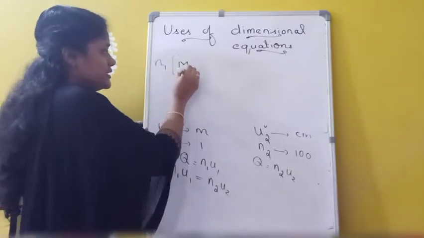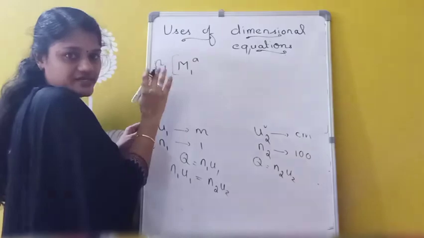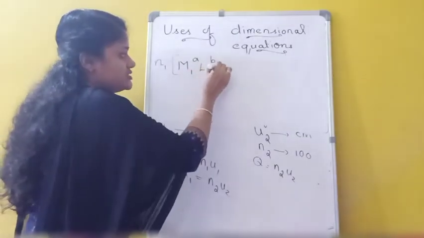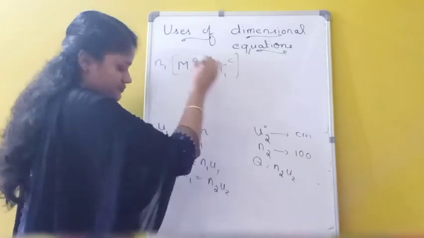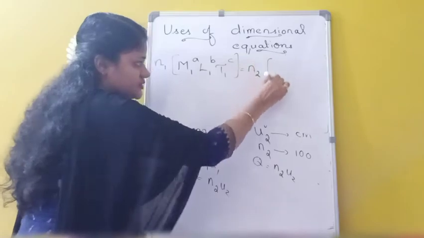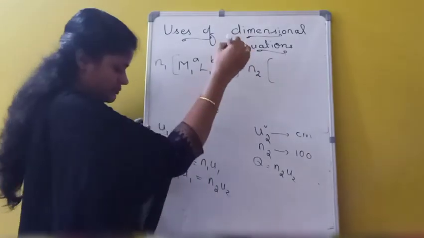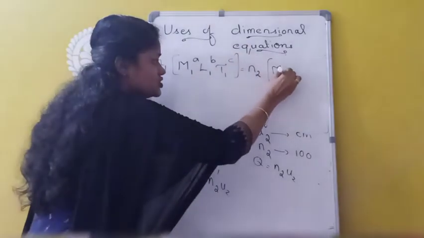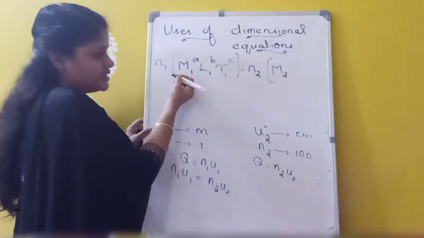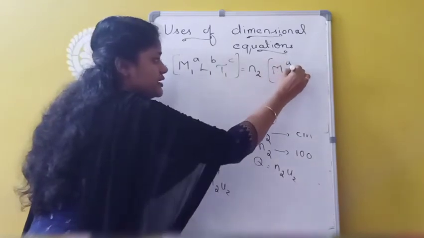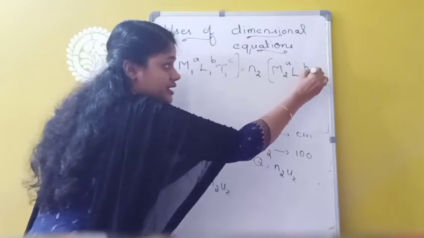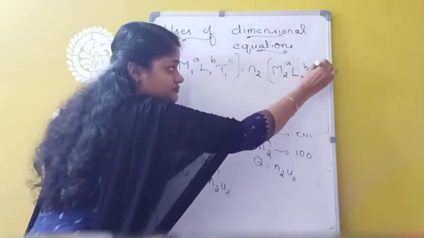We can write M1 raised to A, L1 raised to B and T1 raised to C, powers we don't know, equals, in the second system, N2 is a constant, into M2 raised to A, L2 raised to B and T2 raised to C.